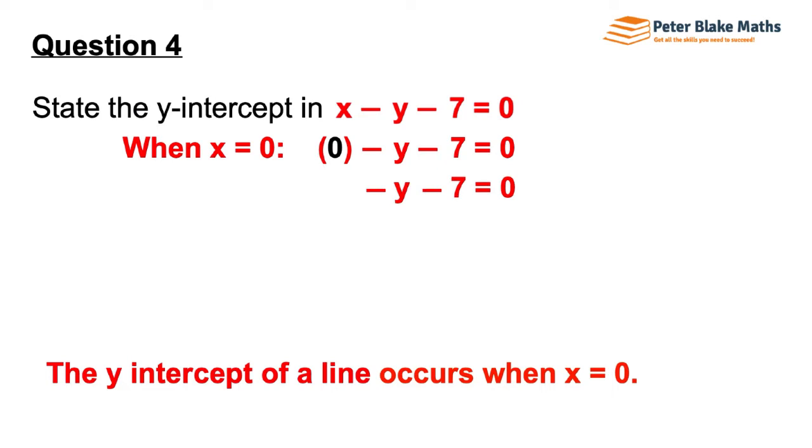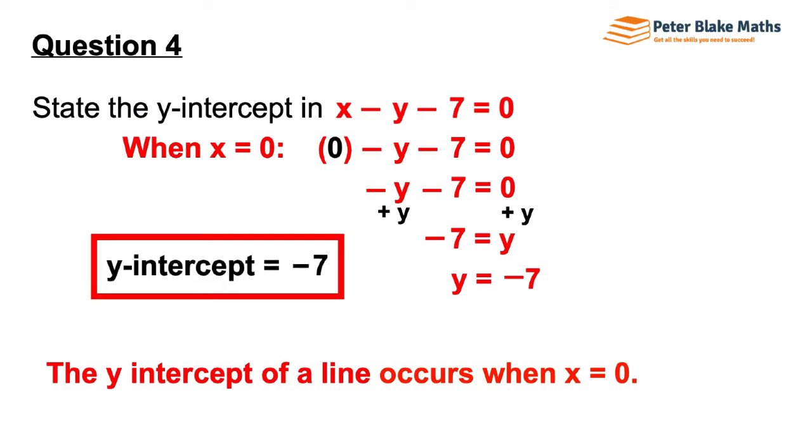We want to get y on its own, so we add y to both sides. On the left hand side it cancels out and leaves us with minus 7. On the right hand side we have the y, and we can swap the sides over, so y equals minus 7. So we've substituted in x equals 0 to find the y-intercept, and the y-intercept in this case was minus 7.